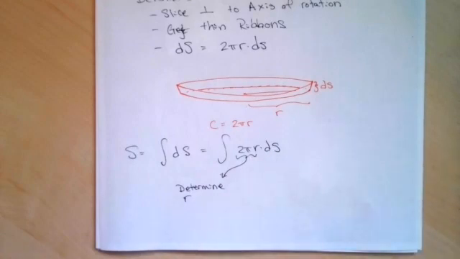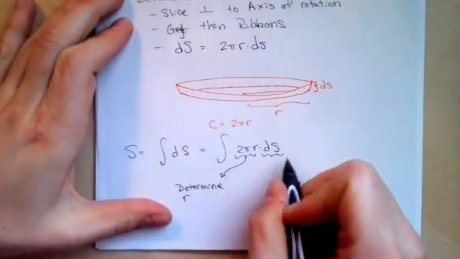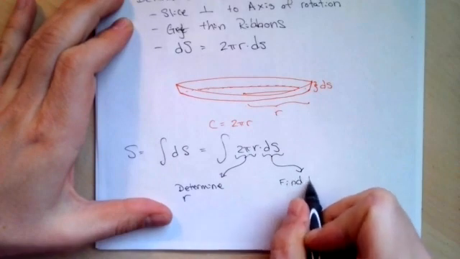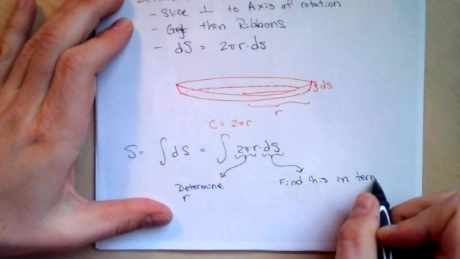We don't know quite how to work with that, so we need ds in terms of either x or y.